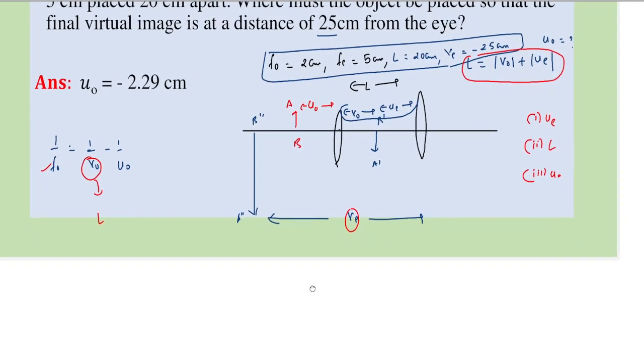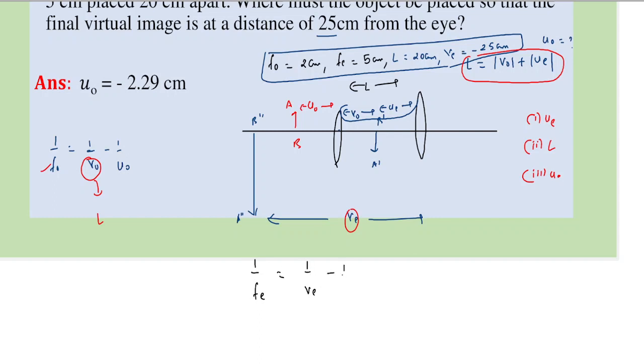So we'll do it step by step. The first thing is we'll find what is UE. So using lens equation, 1 by FE is equal to 1 by VE minus 1 by UE. Now from here we should find what is UE, but by sign convention both VE and UE are negative because the light from the object is going from left to right, but to find UE or VE we are going from right to left, so both are negative.